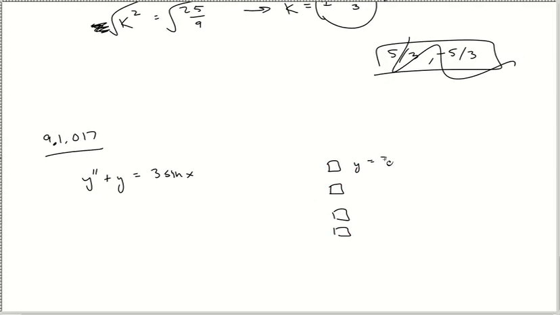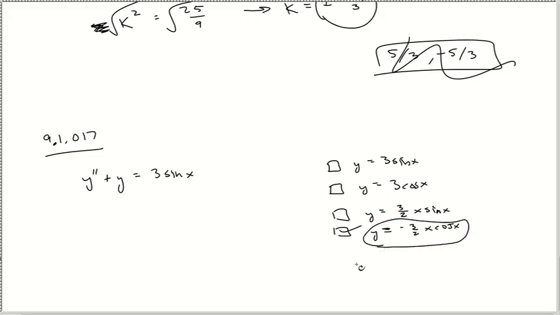And so I've got 3 sine of x, 3 cosine x, 3 halves x sine x, and then negative 3 halves x cosine x. They say, which of these actually gives you the answer? I'm going to give it to you. It's this guy.